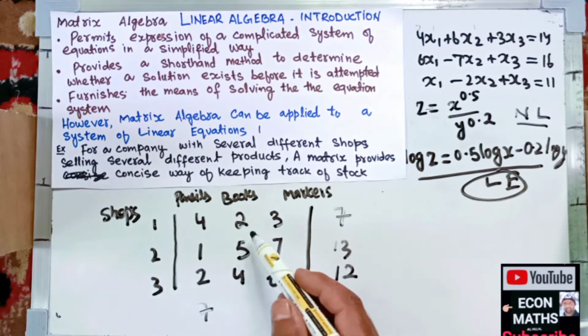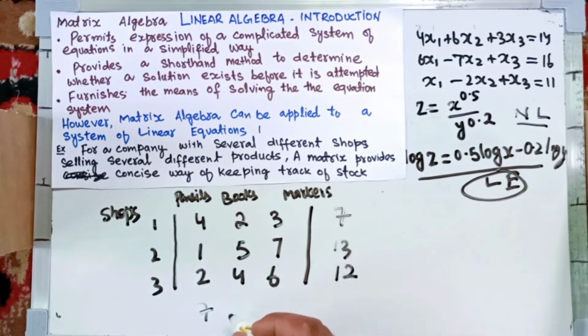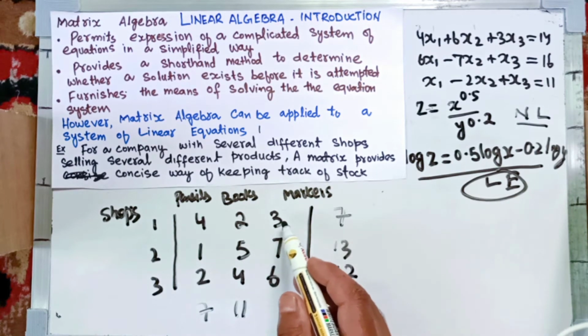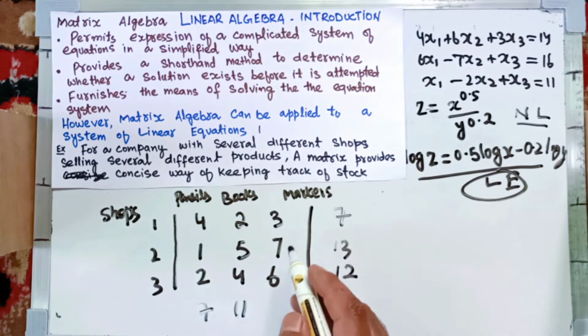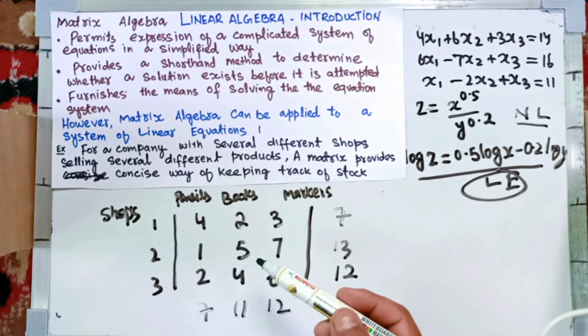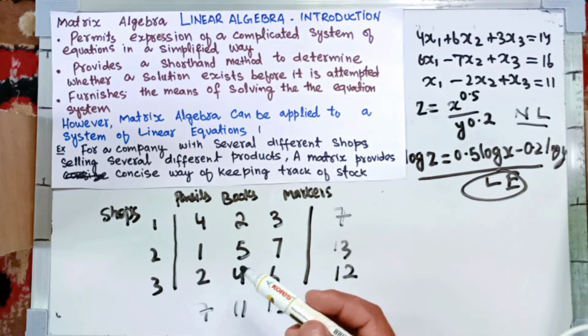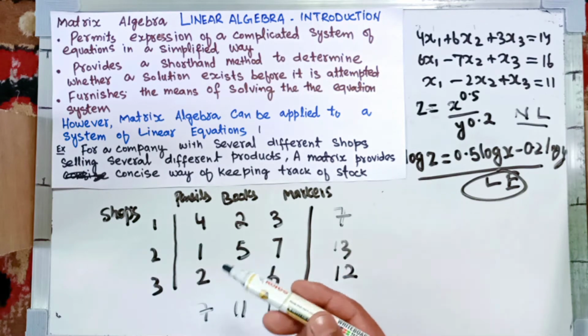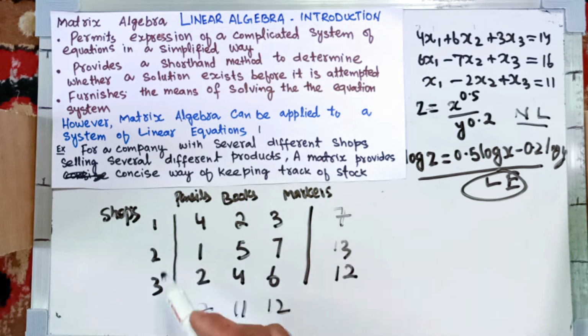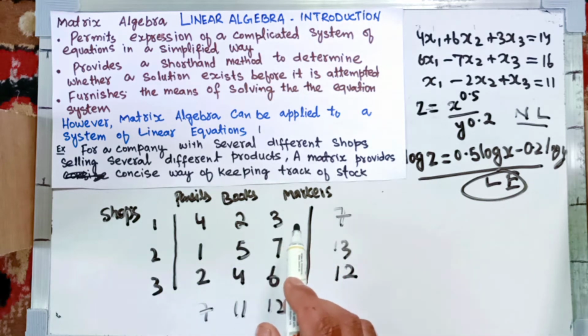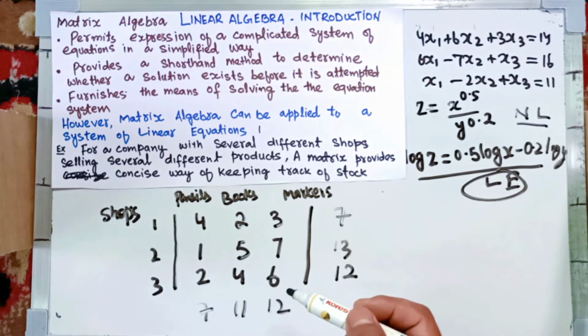Similarly, here it is 2 plus 5 is 7 plus 4 is 11, and 3 plus 7 plus 6, that is 12. So every element in a matrix has a unique position, and every element is ordered according to its position. So this matrix helps us to simplify the system of linear equations.